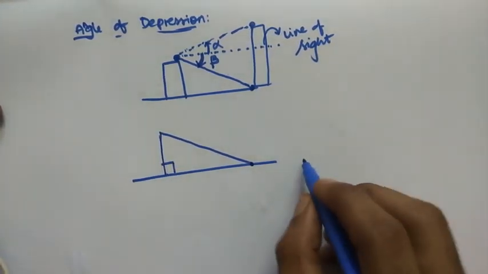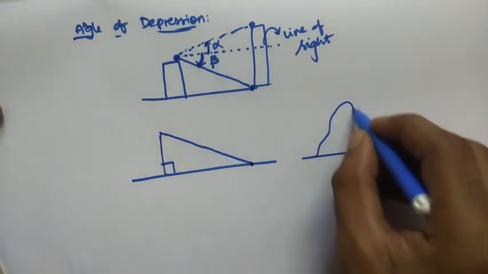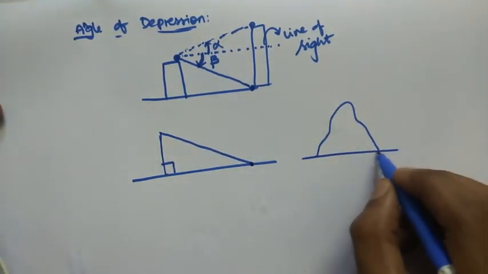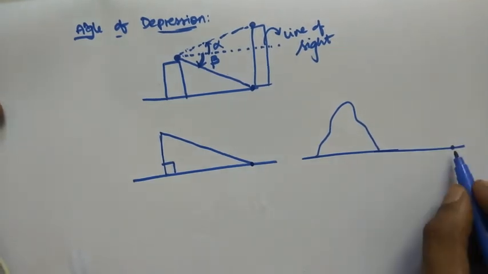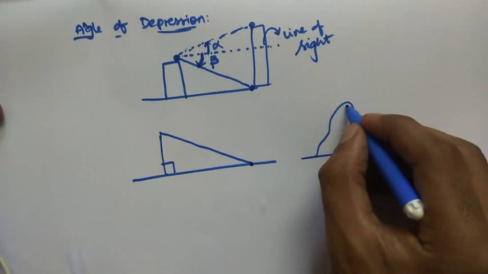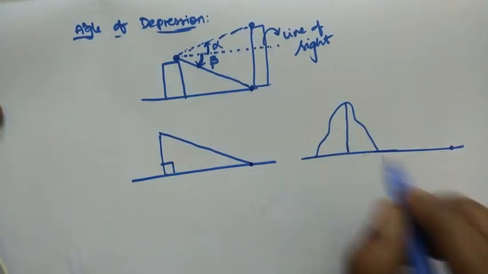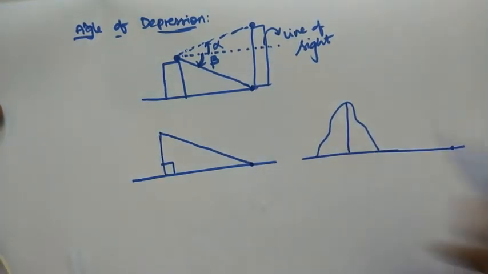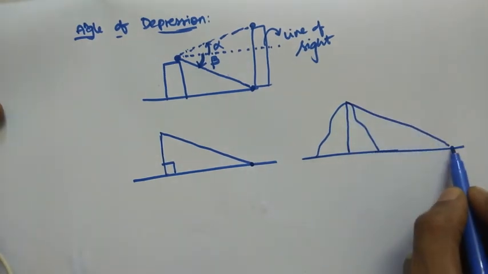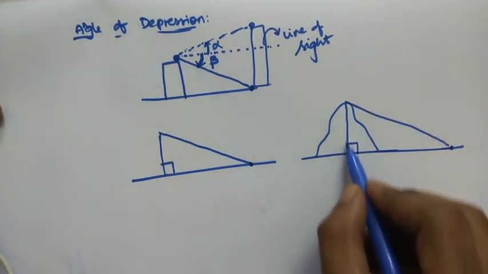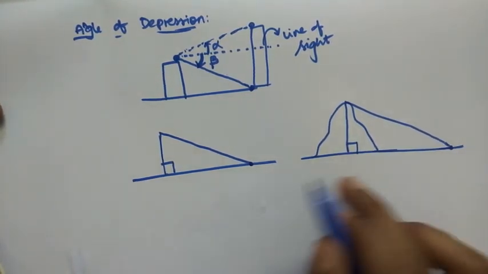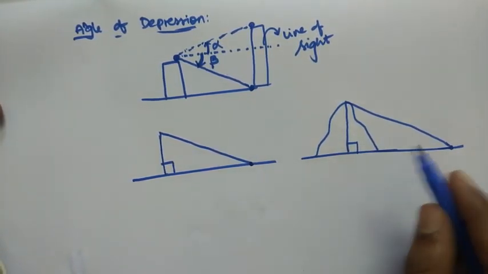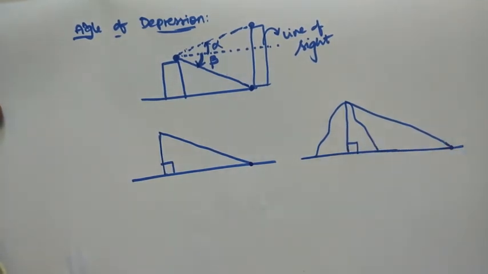Or if we take a mountain and the point of observation is here, and we need to calculate its height, you can join these two points. Again, if you see clearly, it is a right angle triangle, right? So this is how we use the right angle triangle in trigonometry. Okay, thank you.